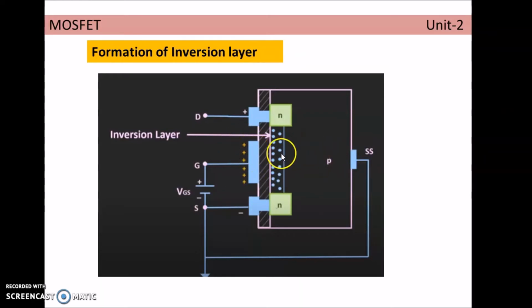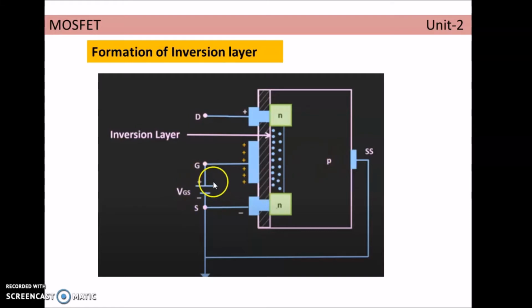While the electrons move in this direction, holes in this region move in this direction, so recombination takes place. If the value of VGS is small, with this recombination itself all the minority carriers, that is electrons, get wasted, and as a result these minority carriers cannot contribute to current conduction.